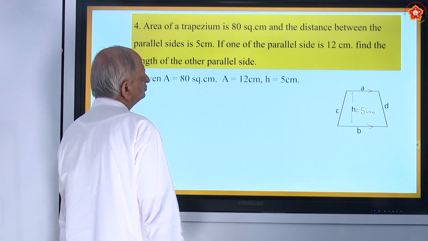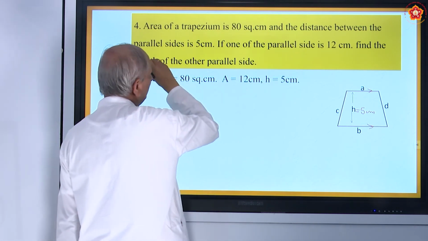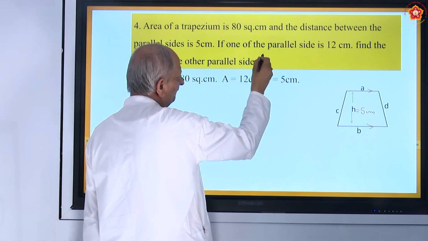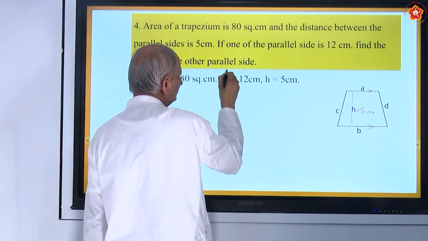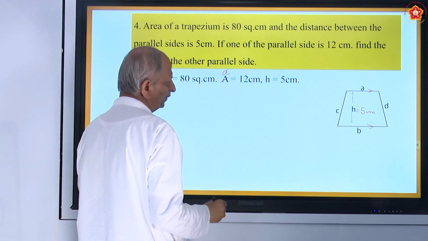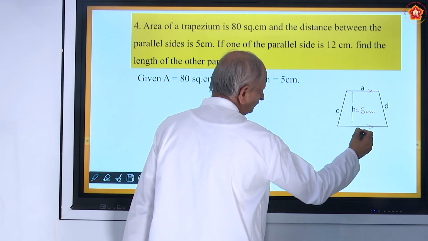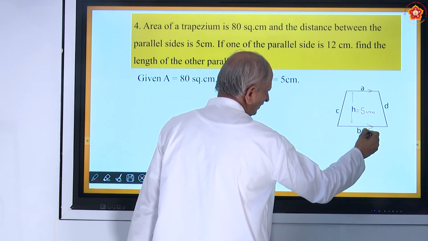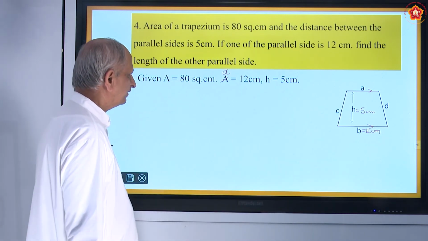Area of trapezium 80, distance between the parallel sides is 5. One of the parallel sides is 12. Suppose you take it as A, that is 12, or you can take it as B also, no problem. So that is equal to 12 centimeters given. Height is given, one side is given.